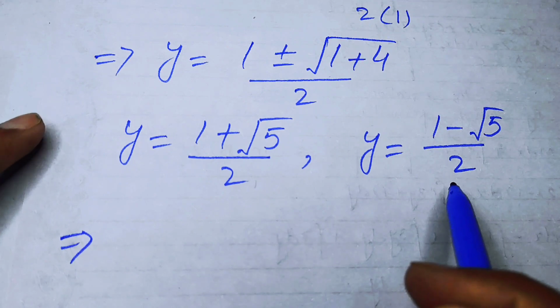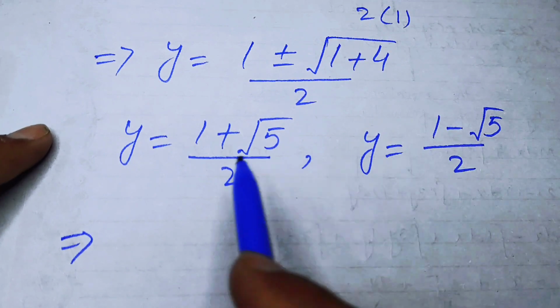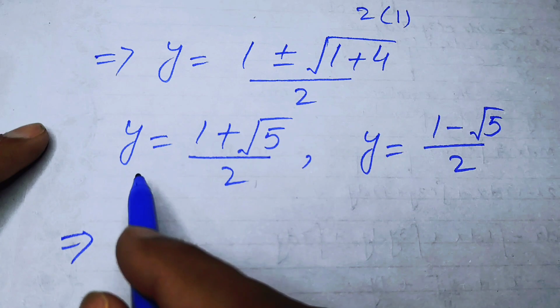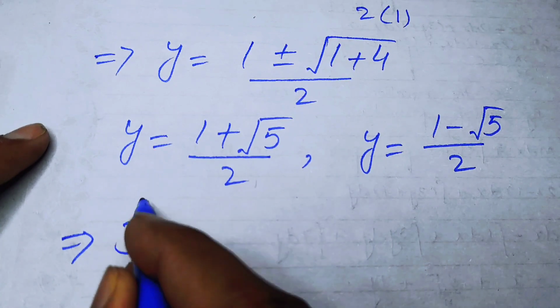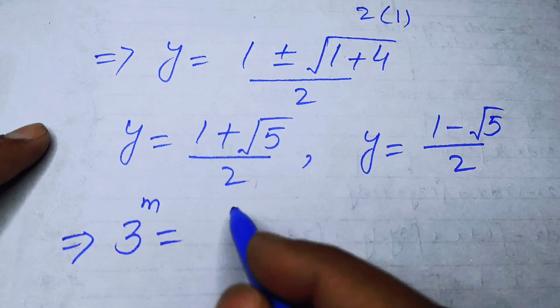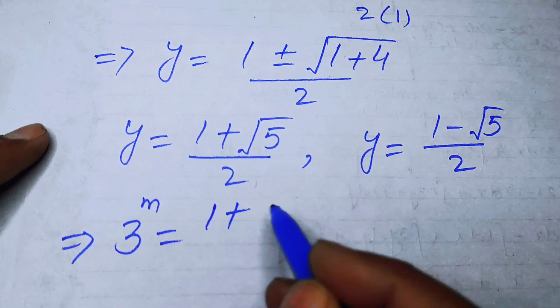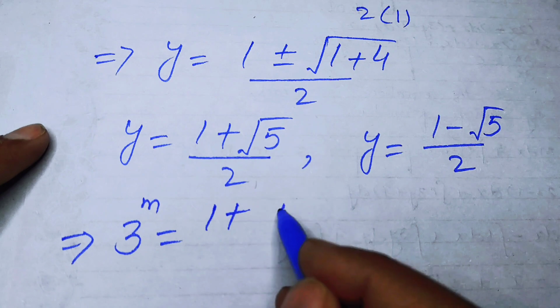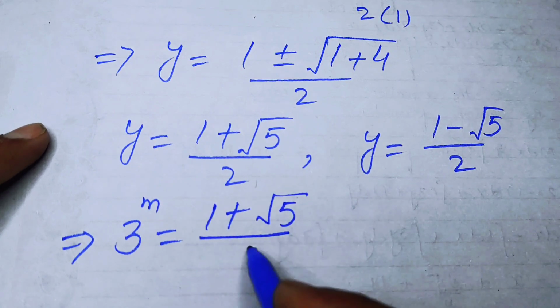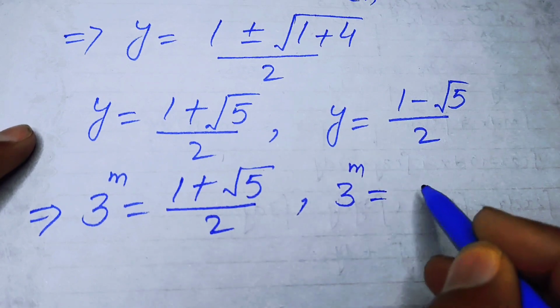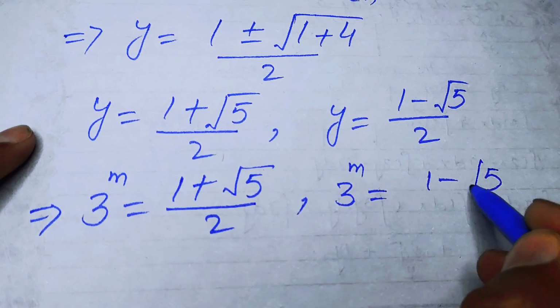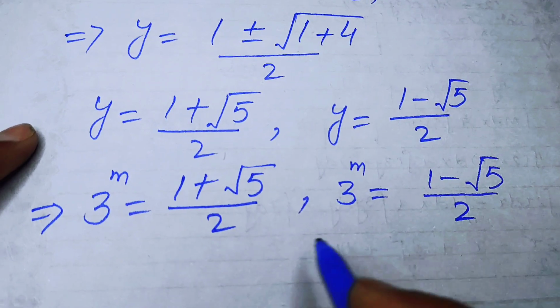And now we can back substitute the value here, and you know that we took y is equal to 3 to the power of m, so we can back substitute here. So it will become 3 to the power of m is equal to 1 plus square root of 5 over 2, and here you get 3 to the power of m is equal to 1 minus square root 5 over 2.